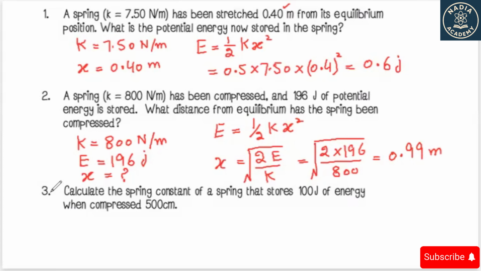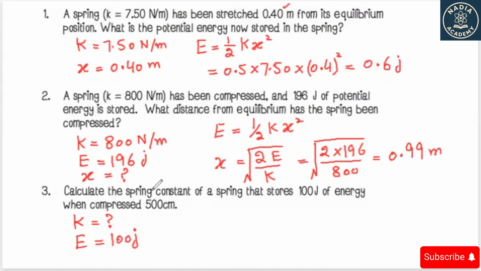So let's try question number 3. In this question, they say calculate the spring constant of a spring that stores 100 joules of energy when compressed to 500 centimeters. So we need to calculate the spring constant; the elastic potential energy stored in the spring is 100 joules.